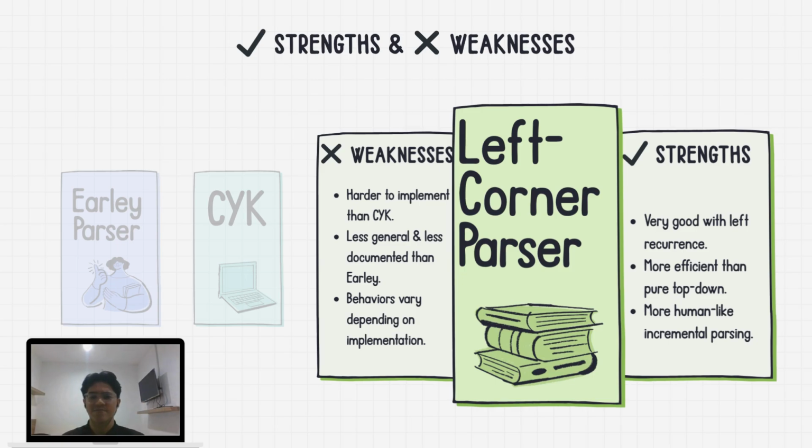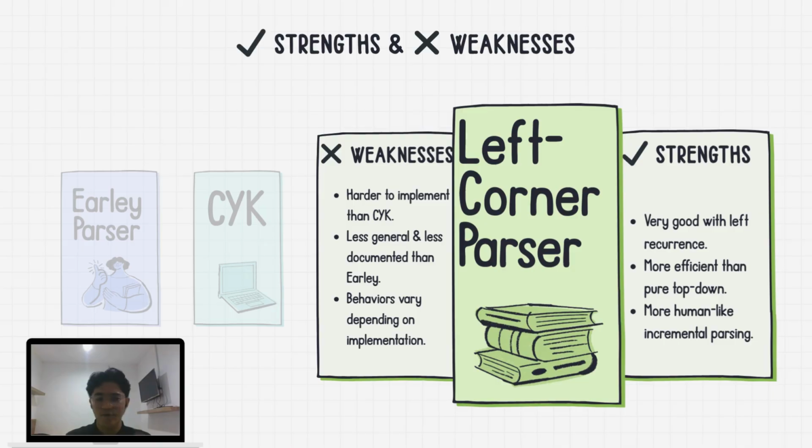However, it has some weaknesses. For example, the left corner parser is harder to implement compared to CYK, requiring more careful handling of rules and states.